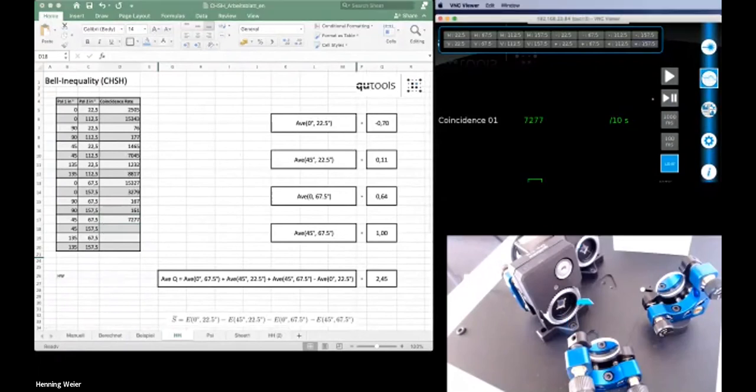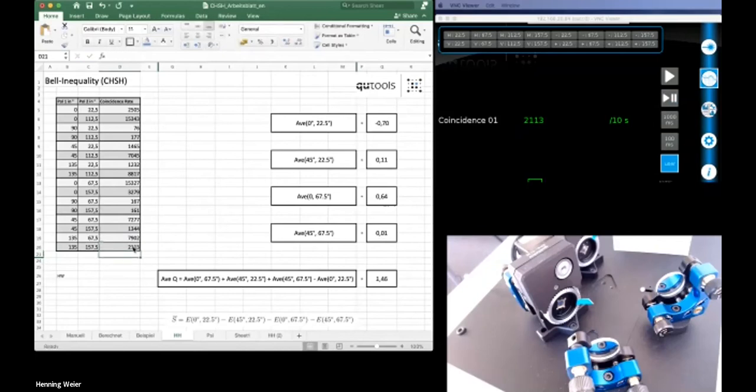Plus 4,500. Now we have minus and 67.5. 7,902 and minus, and that should be the last one. 2, 1, 1, 3.